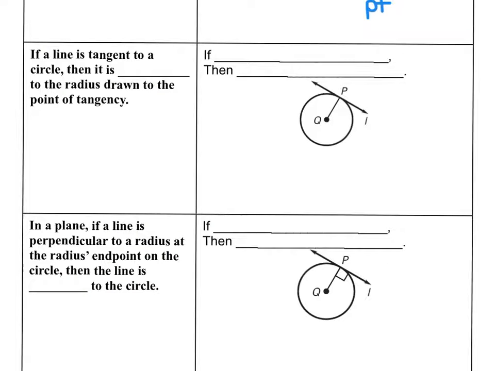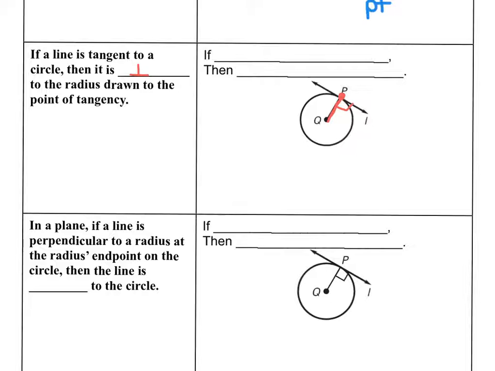The next part about tangents says that if a line is tangent to a circle, then it is perpendicular to the radius of the tangency. So if you see this radius is touching at the tangent spot. Now there are radii all over this from middle to edge, so it has to be the one that is touching right at that tangent spot P. And so we can go ahead and say that's a 90-degree angle.